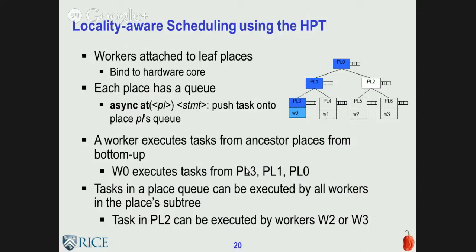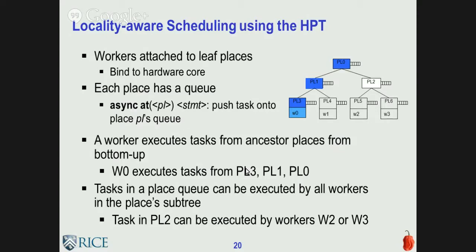With that policy, the way the locality control comes about is if you put a task somewhat higher in the tree, like at the root, it can be executed anywhere, so it's better suited for load balance, but it doesn't really have any affinity. Whereas if you put a task, let's say, in place 2, it can only be executed by these 2 workers, even if those other workers happen to be idle.